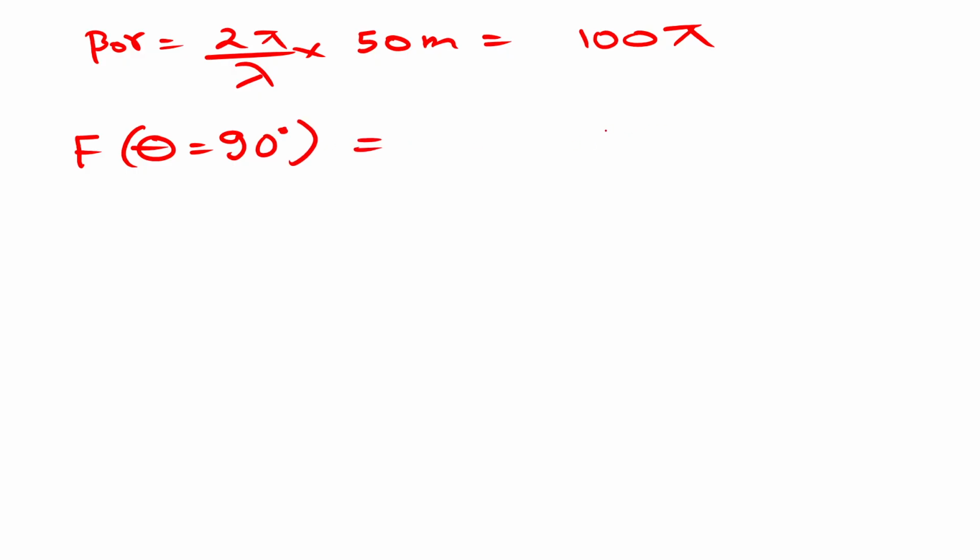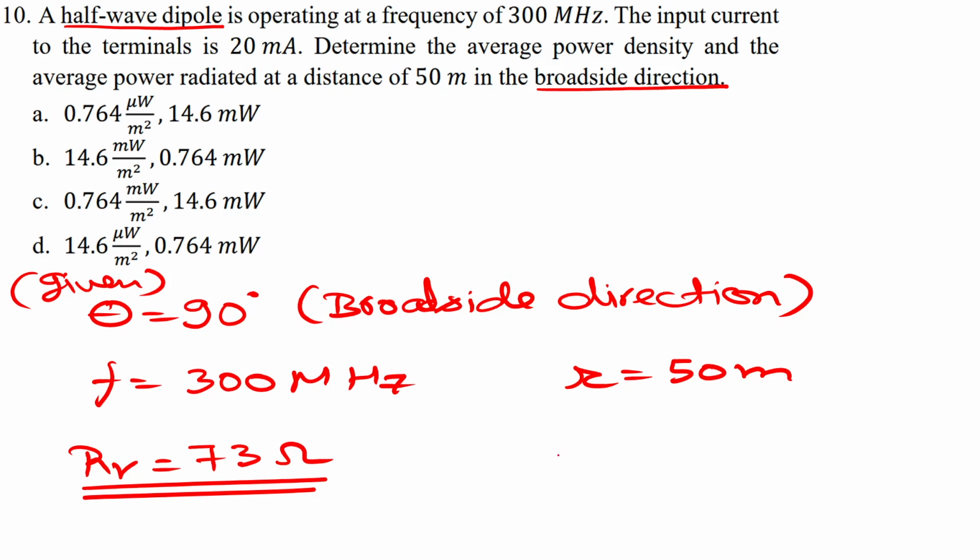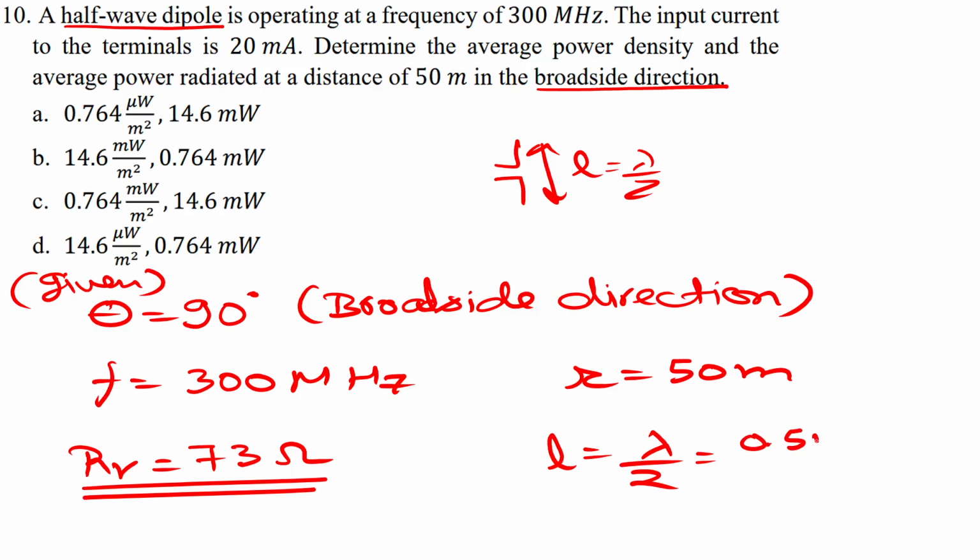So f of theta at 90 degrees is cos. Half wave dipole means the length of this antenna will be lambda by 2. That's why we are calling it a half wave dipole. And lambda by 2 will be 0.5 meters.